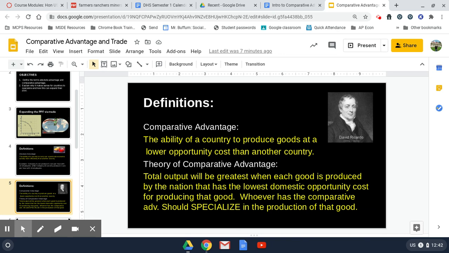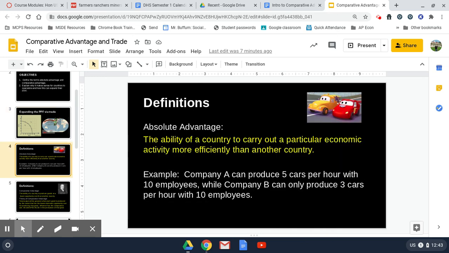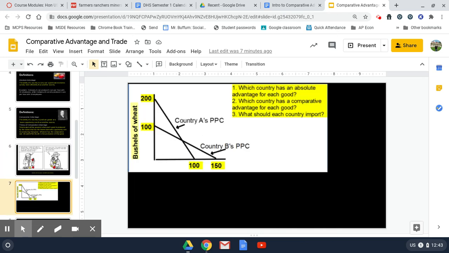So whoever has the comparative advantage should specialize in the production of that good. If this country has a comparative advantage in grain, they should focus and only make grain, while another country with a comparative advantage in wine should make wine. I know it's confusing. It will make more sense by the end of the class.